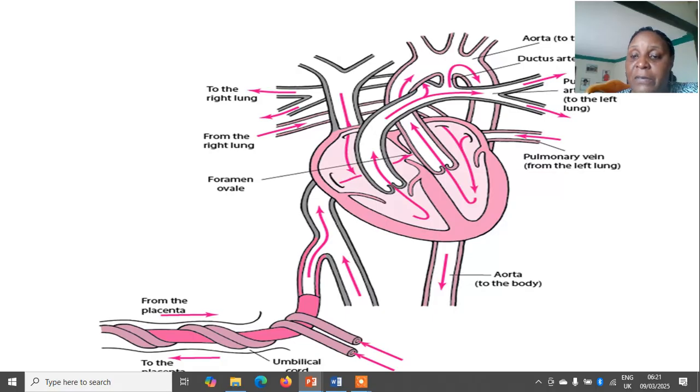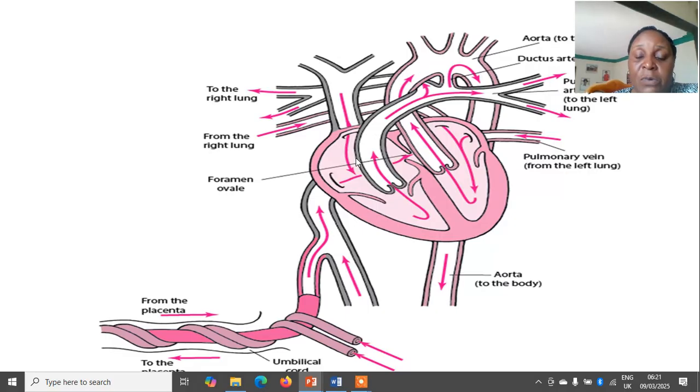So what does it mean? The pulmonary vein is now bringing oxygenated blood to the left atrium. And this pressure in the left atrium will lead to the closure of the foramen ovale. And as the foramen ovale closes, it means now in the left atrium there will be a very high pressure of oxygenated blood, which will be passed through the aorta to supply the upper extremities.